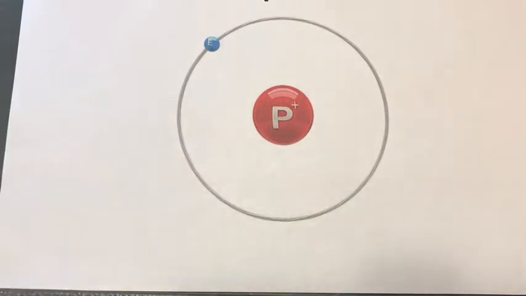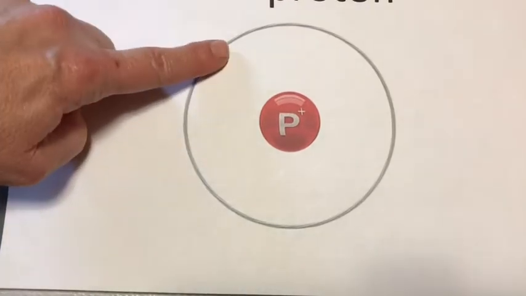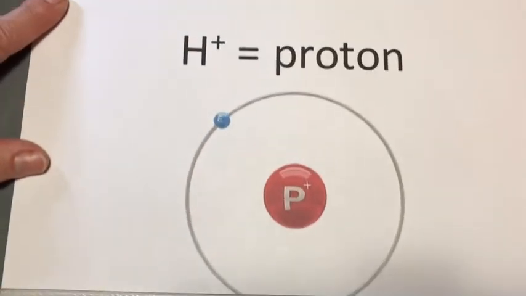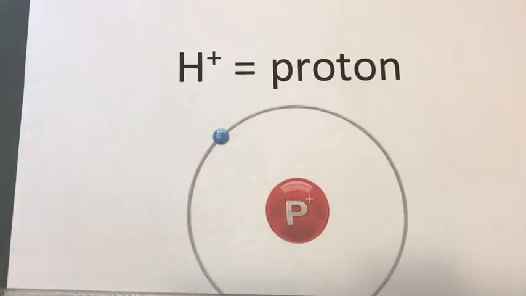There's usually no neutrons in a hydrogen atom. If it becomes an ion and it loses that electron, all that's left is a proton. So a hydrogen ion is a proton. You can use the terms interchangeably. All a hydrogen ion is, is a single proton.